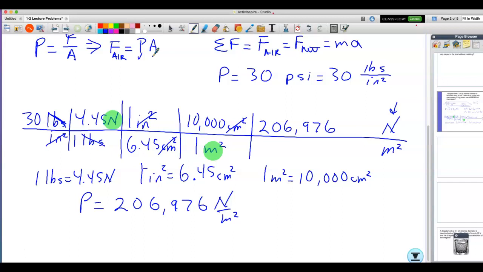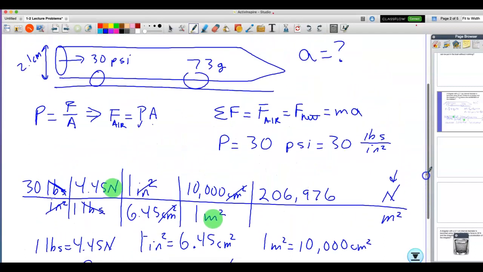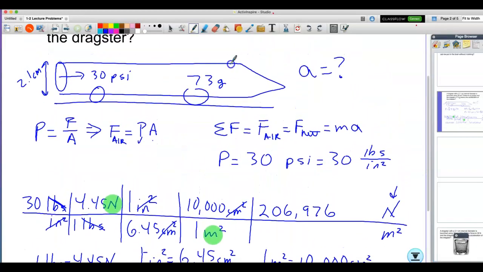What area are we going to use here to calculate this? Well, if we look at our dragster, remember we have a cap inside here. And when the pressure comes in and pushes, the only place it's pushing that causes the dragster to go forward, to move, is that cap. All these others, the pressure fills the whole tube, right?